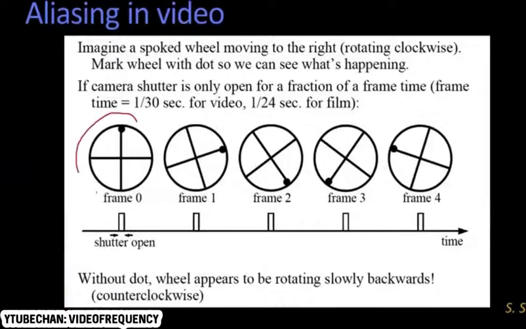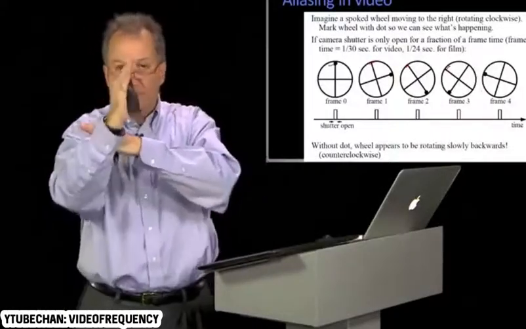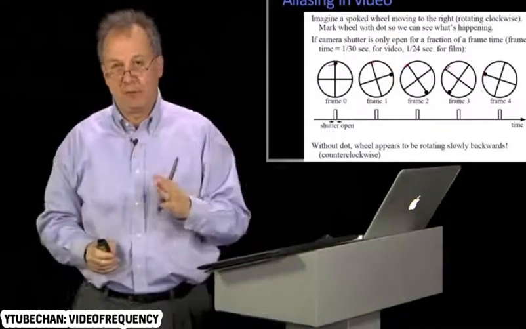Imagine we have this wheel that's turning this amount each time. So if you track the dot, you can see that the thing is turning almost 90 degrees at every rotation. But if that dot wasn't there, you would actually see this thing going backwards just a little bit, because of the fact that you couldn't tell which one of those cross patterns was which, and so you would see it rotating backwards, okay?